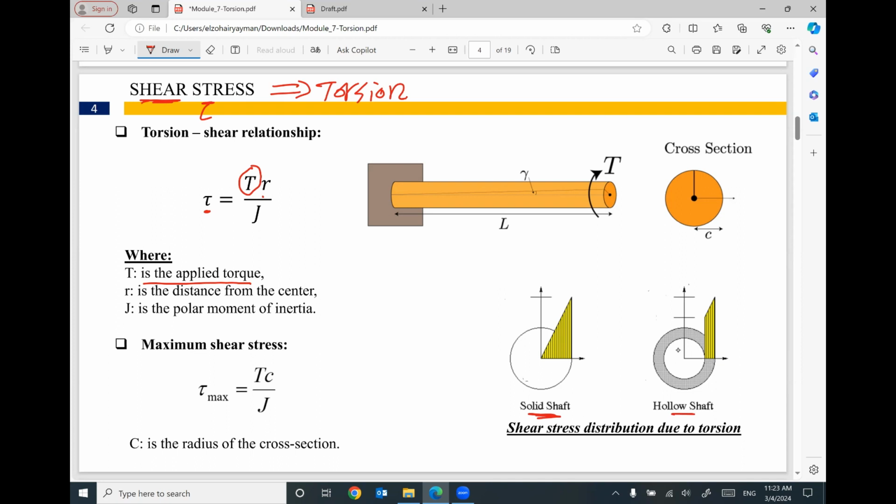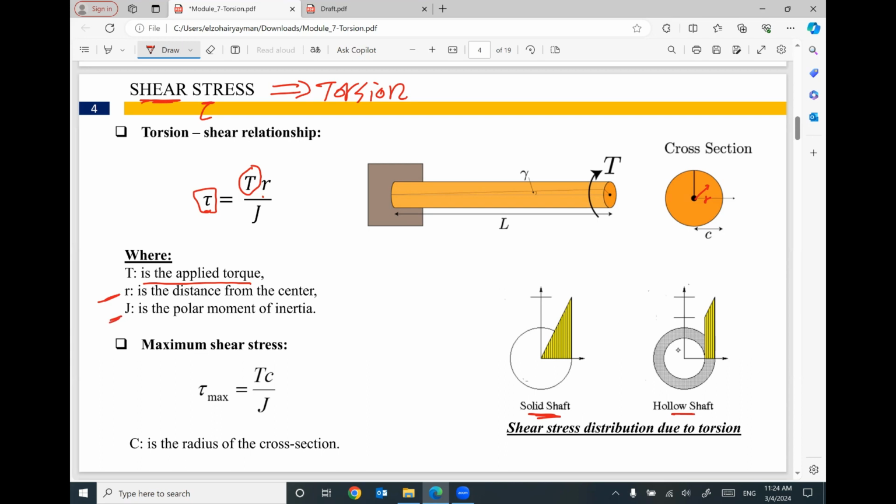So we have three different parameters that will calculate the value of the shear stress, tau. The capital T is the applied torque, the radius R is the distance from the center of the cross section to any point inside this cross section.